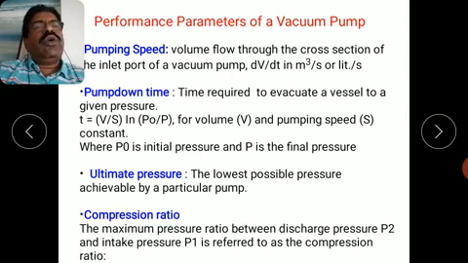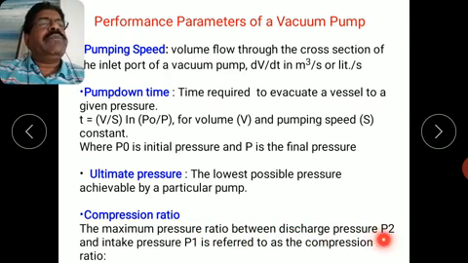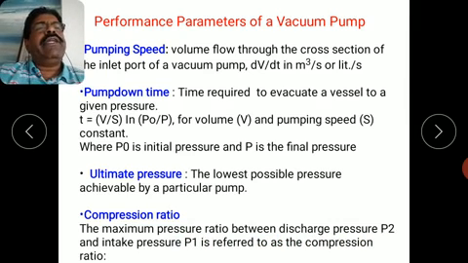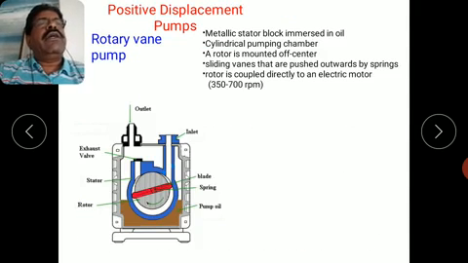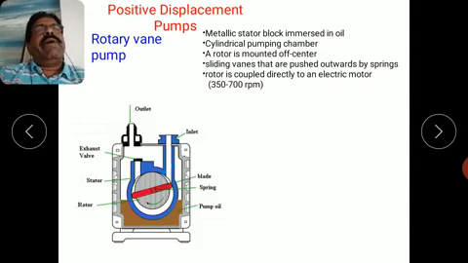So you can say there is one input to the vacuum pump and one output. The maximum pressure ratio between the discharge pressure P2, that means the output pressure, and the intake pressure P1, the input pressure, is referred to as the compression ratio. So P2 by P1 is the compression ratio. This is also one of the important parameters of a pump.